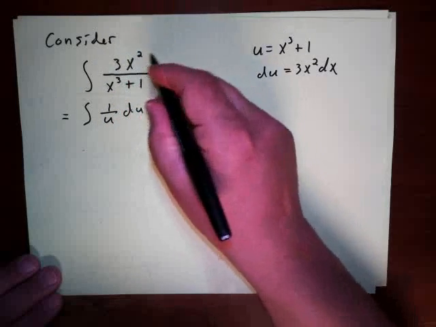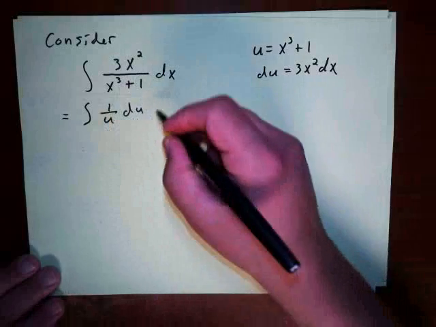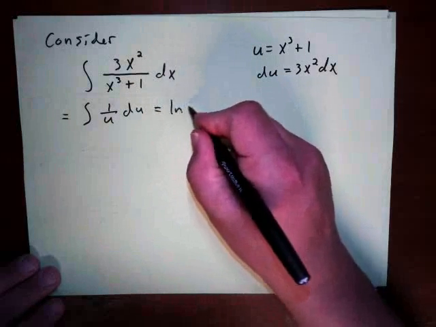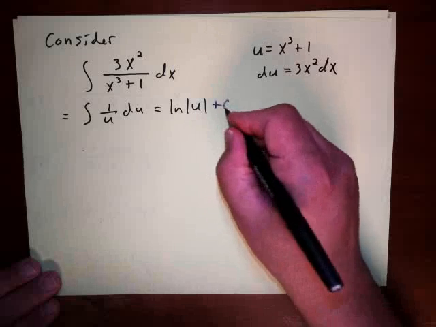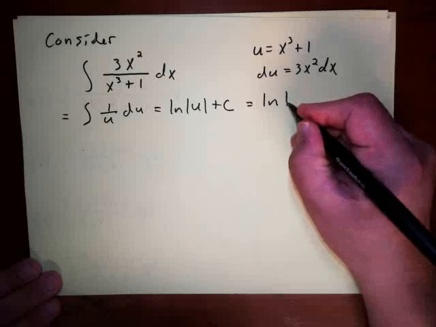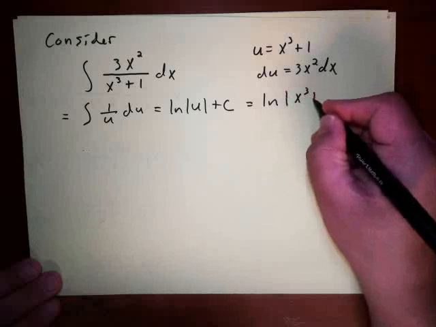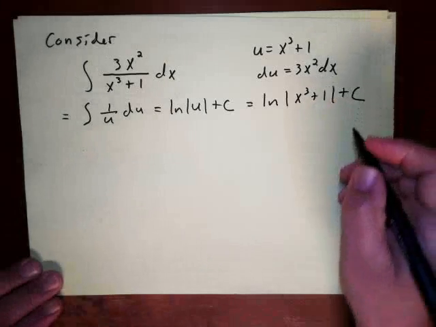So in for this, I'm putting in du, in for that, I'm putting in u. So I get this, and that's just the natural log of the absolute value of u plus c, and then I can put u back in, and I get natural log of x cubed plus 1, plus c.